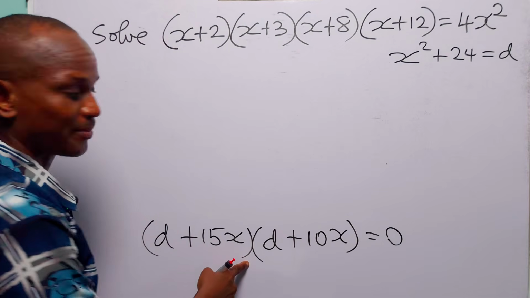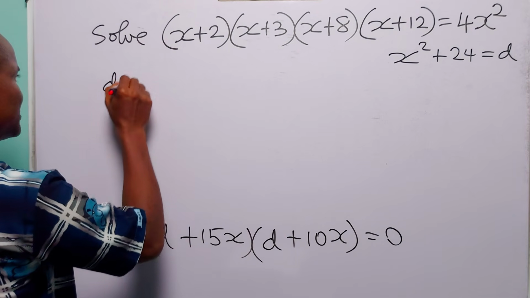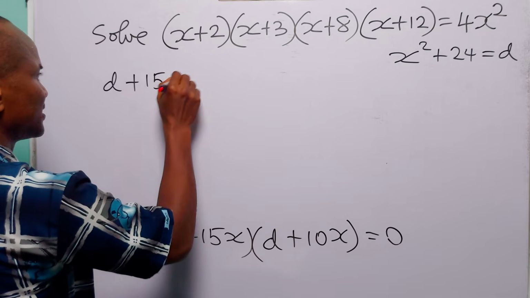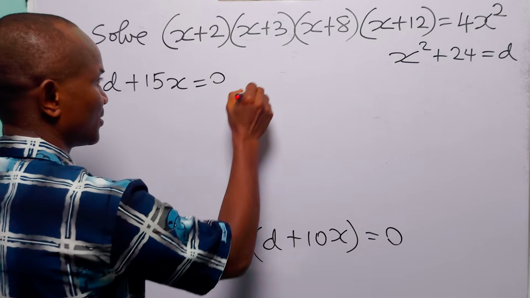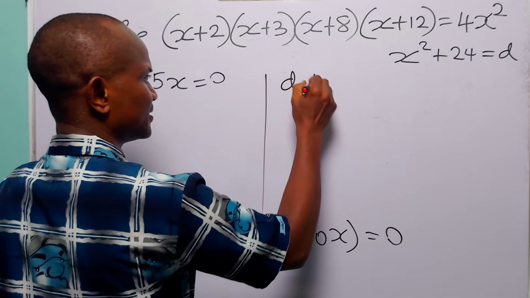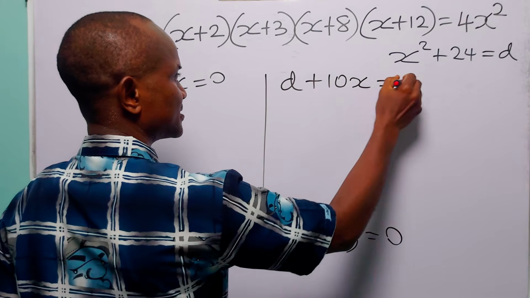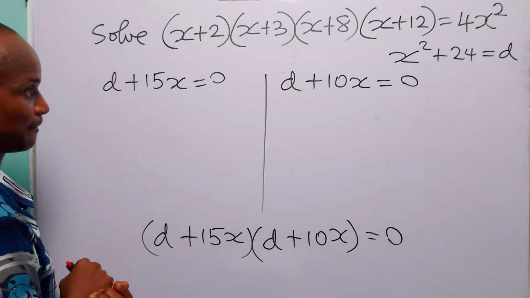And of course, from here, we have that d plus 15x is equal to 0, or d plus 10x is equal to 0.